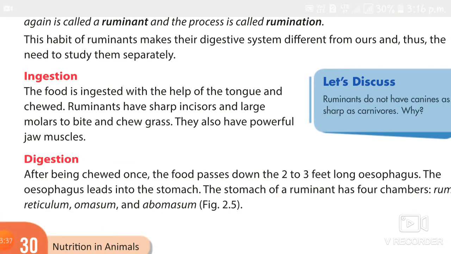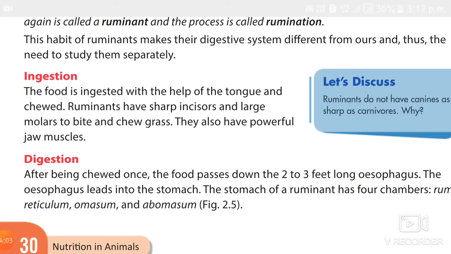In ruminants, the esophagus is 2 to 3 feet long. But in humans, how many centimeters? 25 centimeters long.